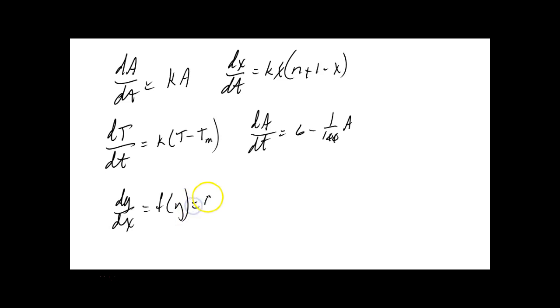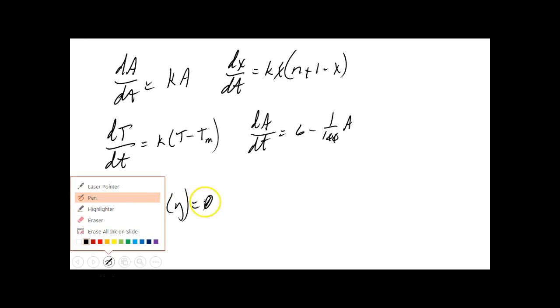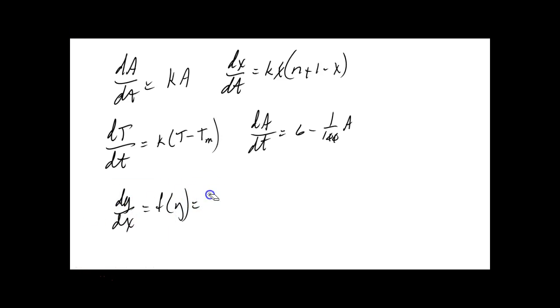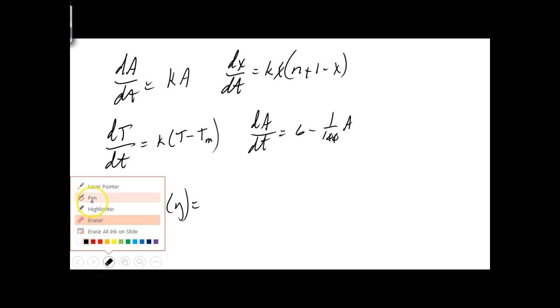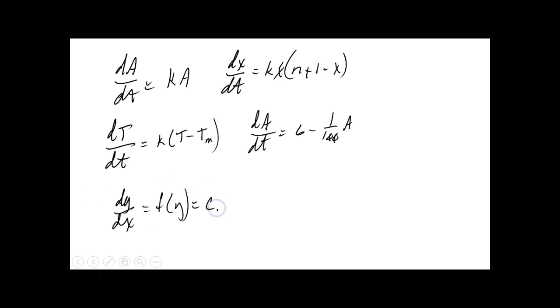If that f(y) was a constant, what does that tell you? The slope is a constant slope, so that's going to be a linear function.